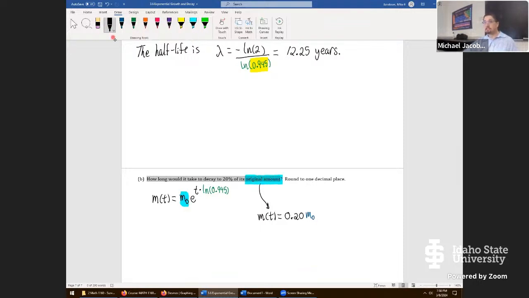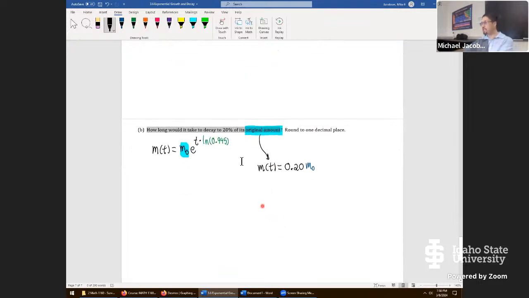So again, we're going to make a substitution, and this might feel kind of almost like deja vu at the moment, but that's the next step, where you see m of t, write in all of this stuff right here. There'll be m naught, the starting mass, e to the power of t times natural log 0.945. Equals, now I'm just copying in the right-hand side, 0.20 times m naught.